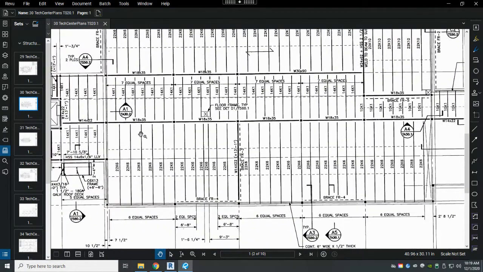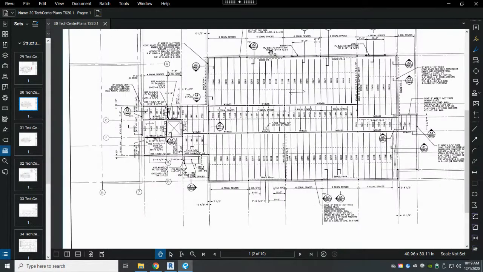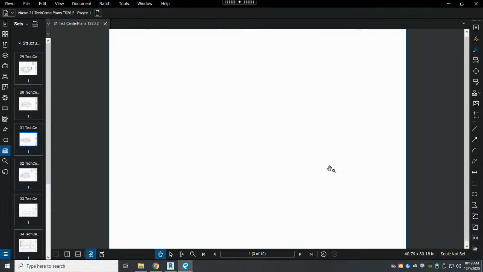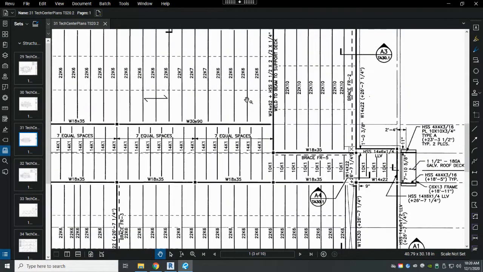Underneath the classrooms on the opposite side of the hallway, we have pretty much the same spacing and call outs to support that framing. If we look at the second floor framing, you're going to see some similarities, but some of the trusses may be a little bit different size.